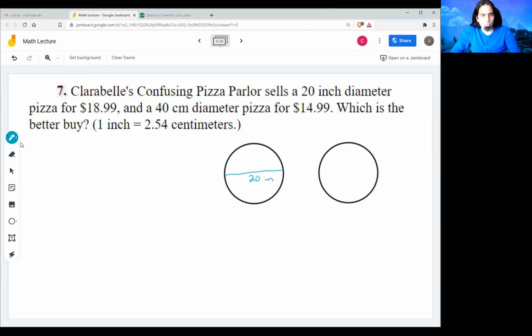The other is 40 centimeters diameter. So that's hard to compare. They're not the same units. It gives me the conversion rate: 1 inch is 2.54 centimeters. Which one do you want to switch out? Do you want to make the inches centimeters or make the centimeters inches? Centimeters to inches.